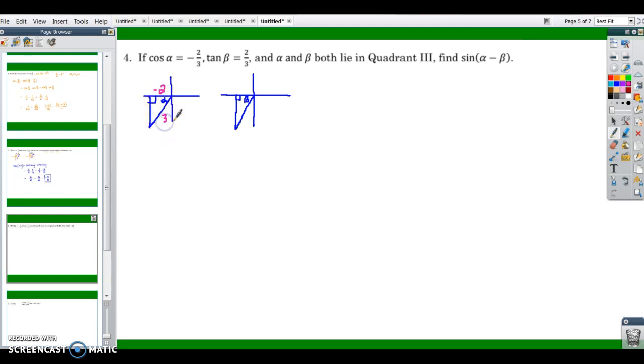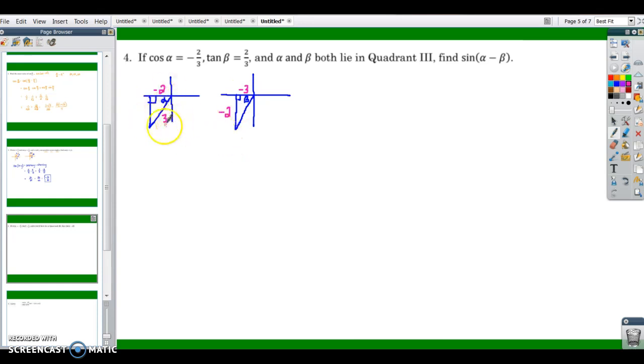Remember, hypotenuse can never be negative, so that negative is just telling me I'm on the negative side of the x-axis. Over here, tangent is opposite over adjacent. So if I'm on the negative side of the y-axis, this would be negative 2. If I'm on the negative side of the x-axis, this would be negative 3. Right, but a negative divided by a negative is positive. That's why we say the tangent is positive 2/3.